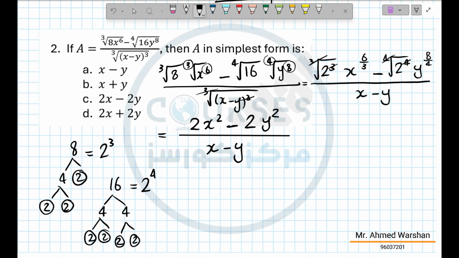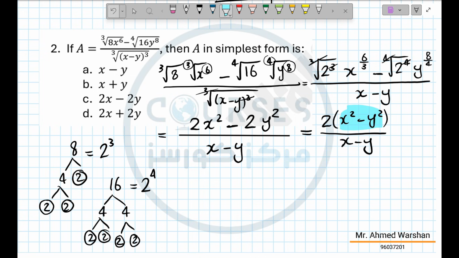So far so good. Okay, what can we do on the top? We can first take 2 as a common factor. Take 2 from here, you only have x squared left. Take 2 from here, you only have negative y squared over x minus y.